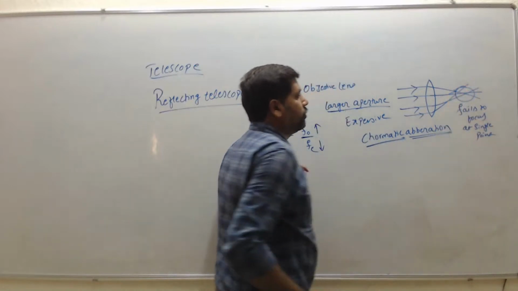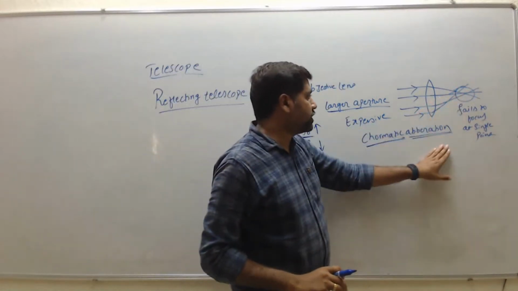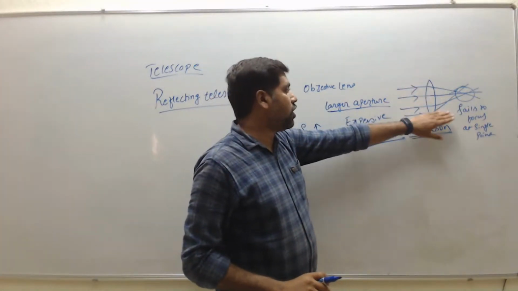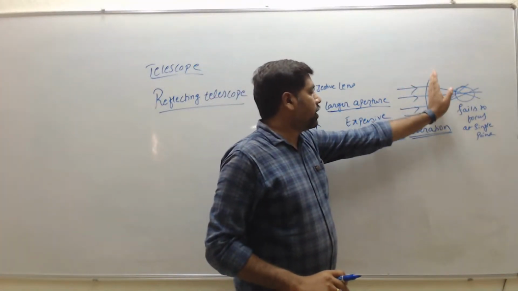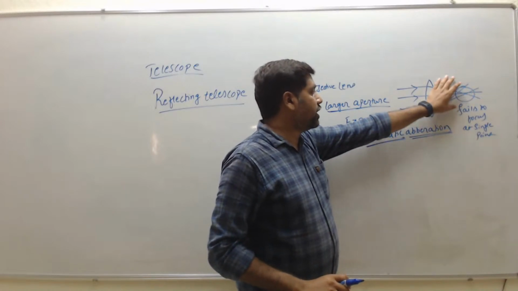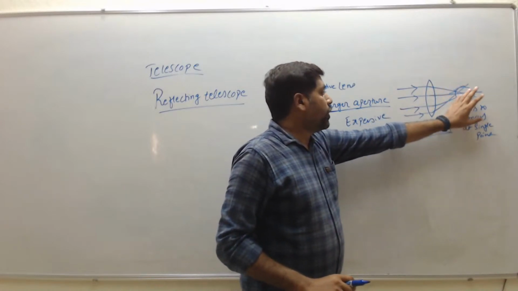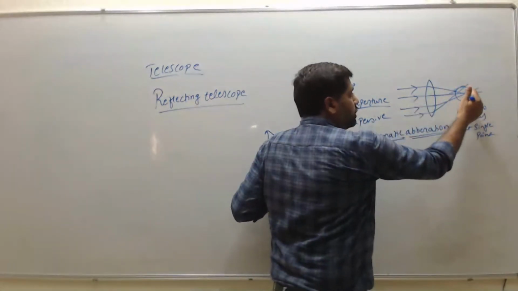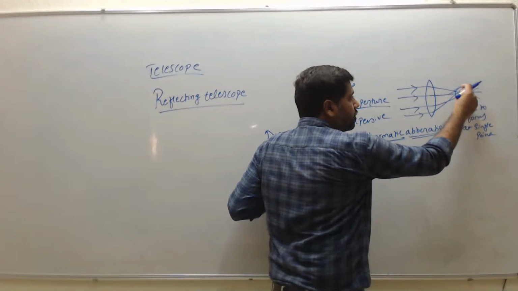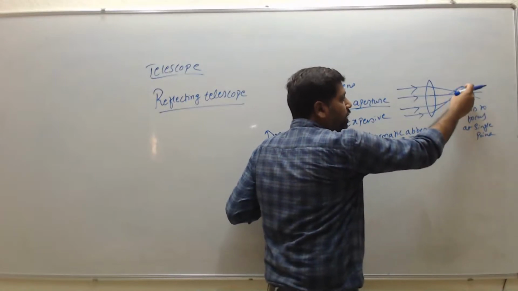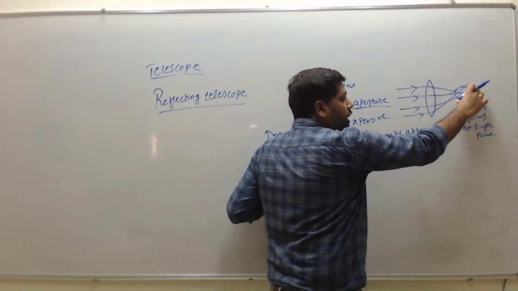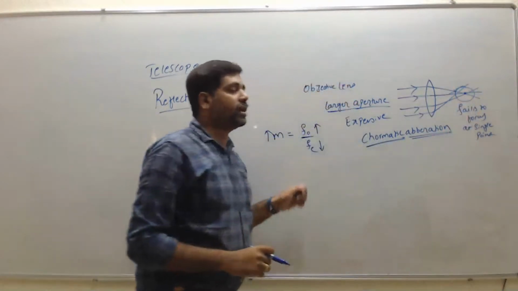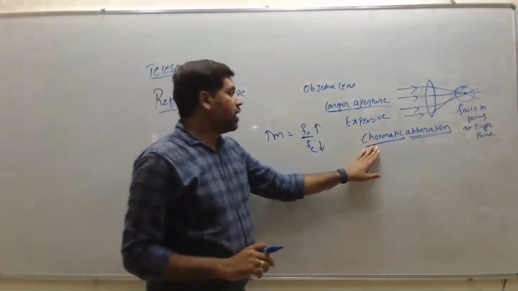So this aberration we call chromatic aberration. The incident rays falling on the lens, after refraction, are not meeting at one point, either forward or backward, they are not meeting at one single point. That aberration we call chromatic aberration.